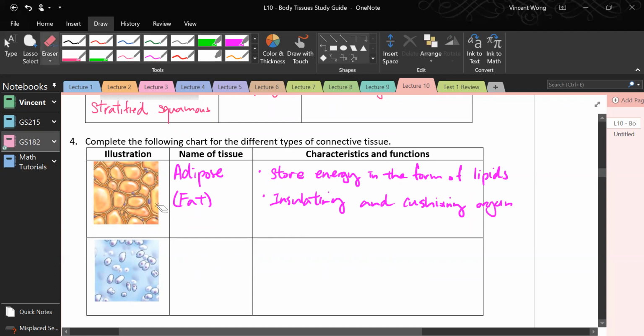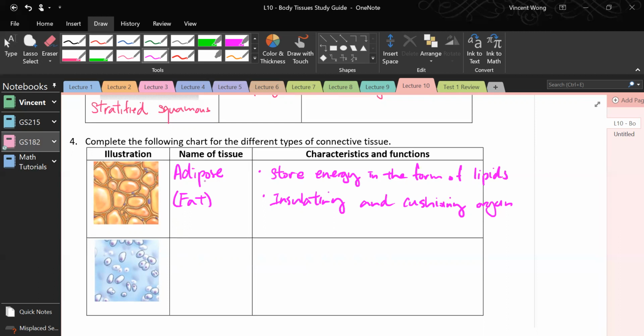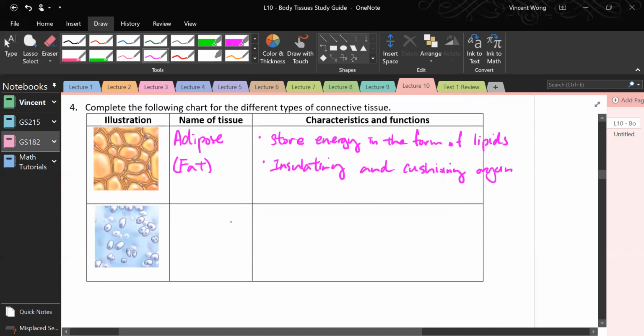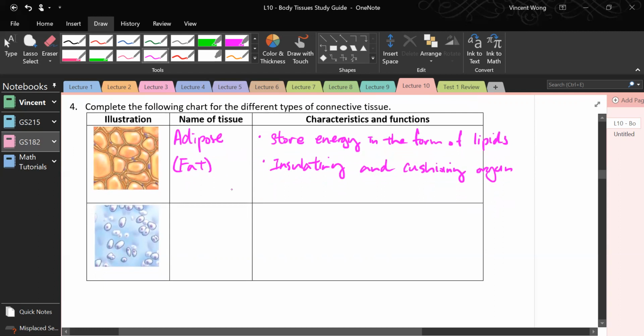Usually you find a little bit of fat, adipose tissue, around key organs like the heart and your liver, and they keep them warm. When it's minus 30 outside, your core temperature maintains at 37, partly due to the fat. They're like little bubble wraps around the major organs to cushion them. If you fall down, that shock is not going to damage your heart, in part because of the adipose tissue.